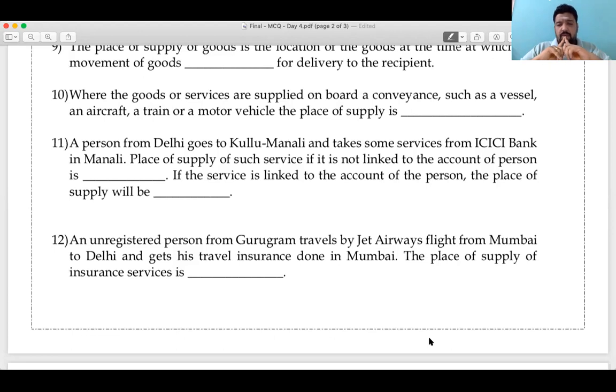Good. Good. Murray, can you check the answer?